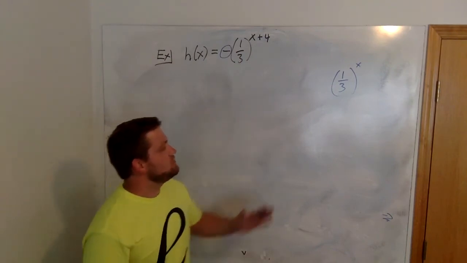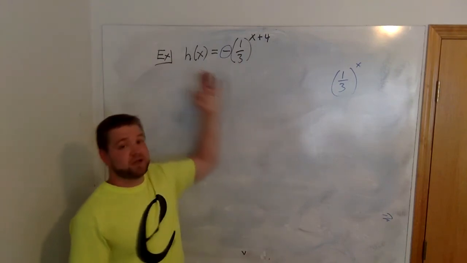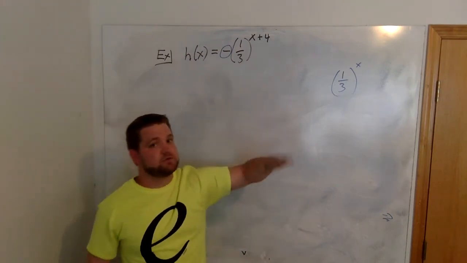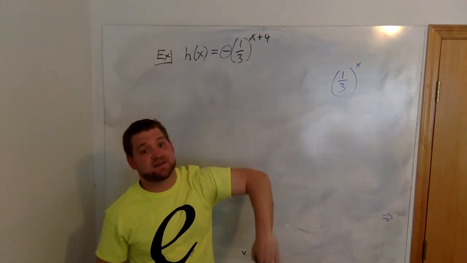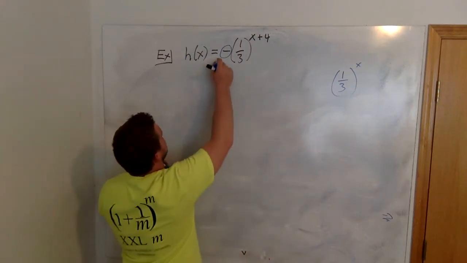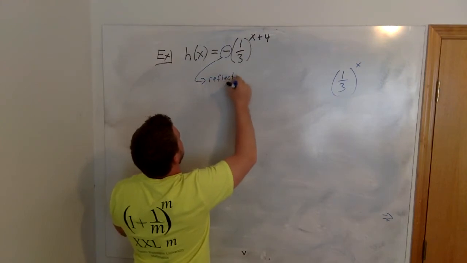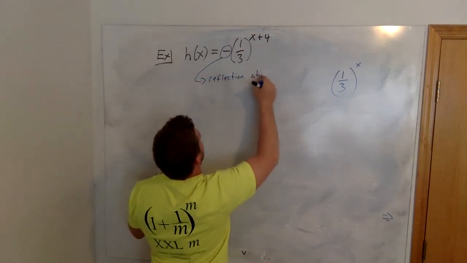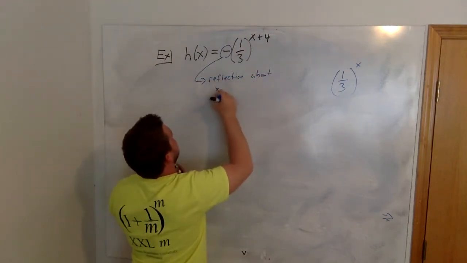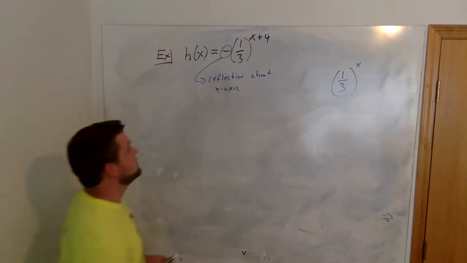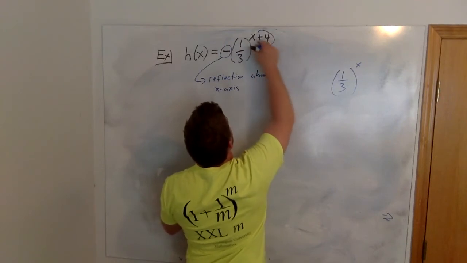I have all the outputs of my function, and now I'm multiplying them by a negative. This will reflect the graph about the x-axis. The other transformation is this plus 4.